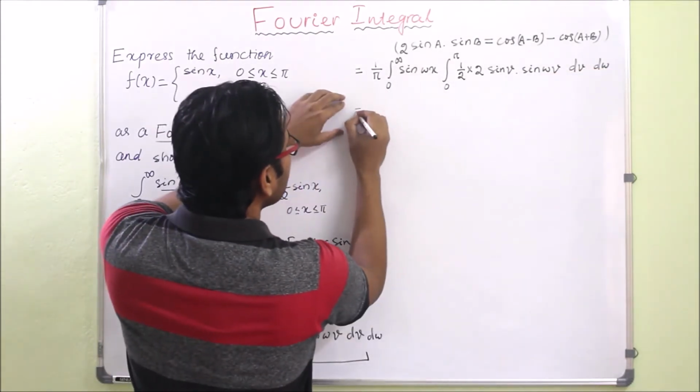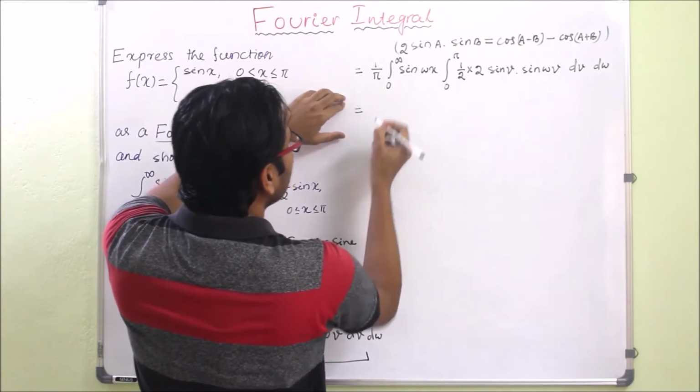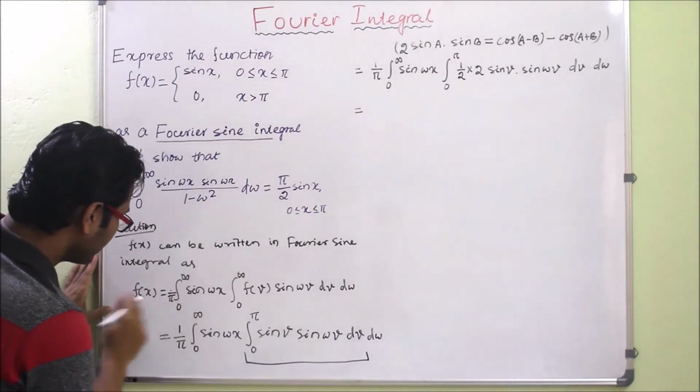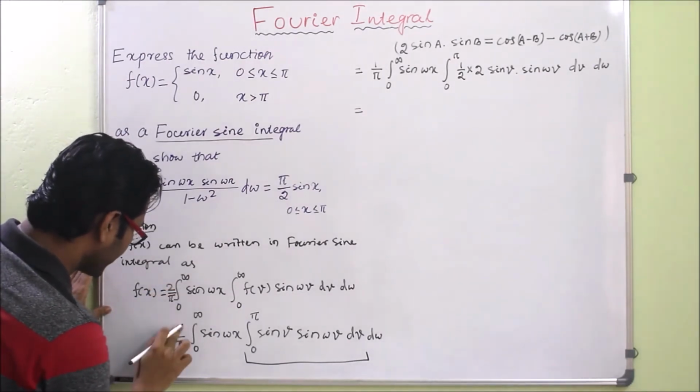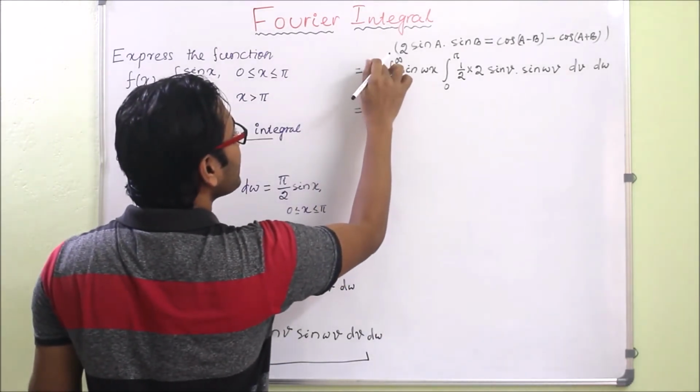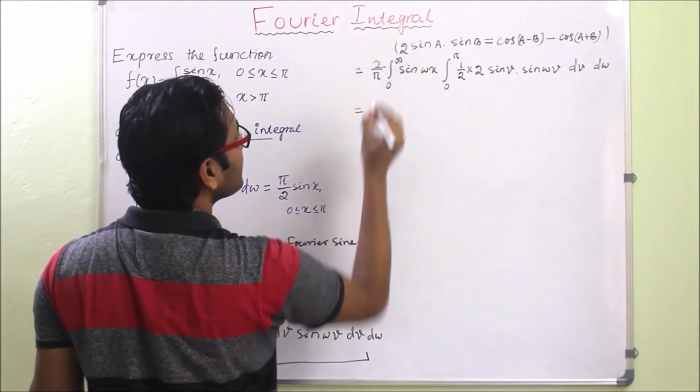Now there is a change, so it is not 1 by pi, it will be 2 by pi. Just change it. So in the formula it will be 2 by pi.